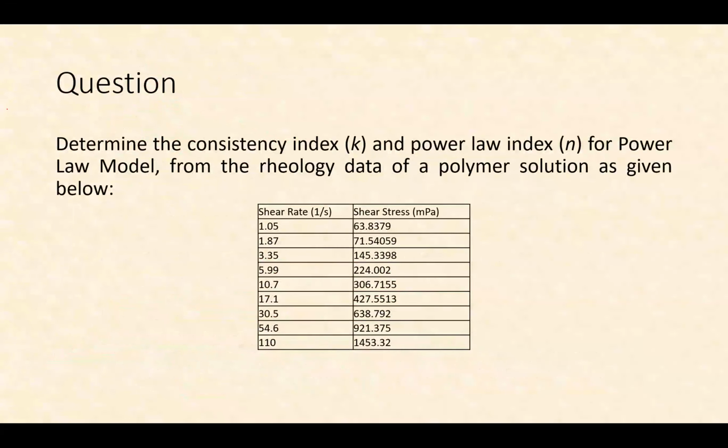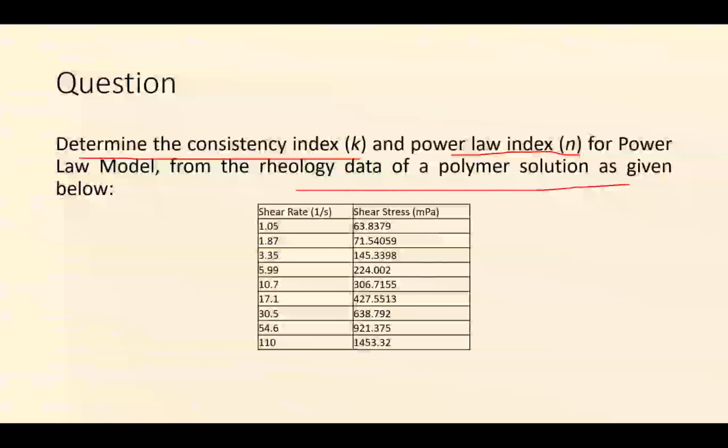Now, here is a typical problem: determine the consistency index, that is the K value, and the power law index, that is the flow behavior index, using the power law model from this rheological data.